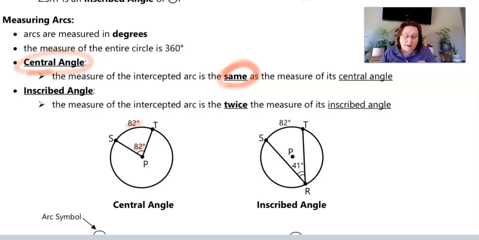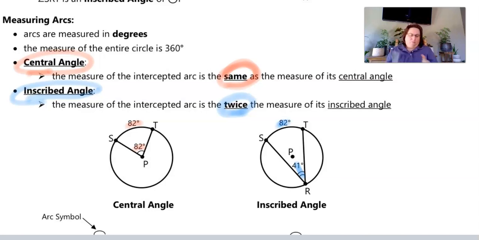But for the inscribed angle right here, the arc is twice the measure of the inscribed angle. That's because we're taking that vertex and pulling it away from the center of the circle. So the angle's going to get smaller as the arc gets bigger.